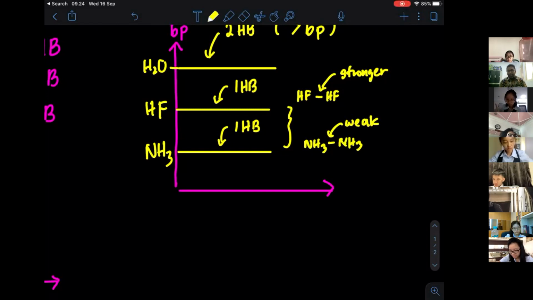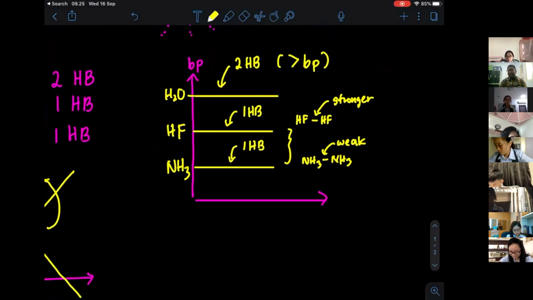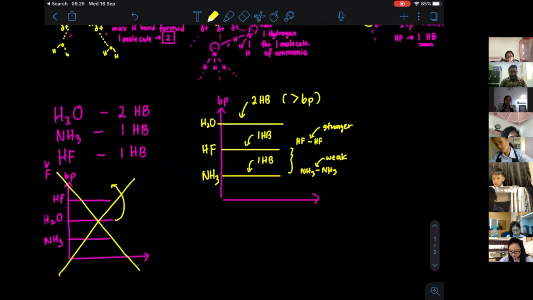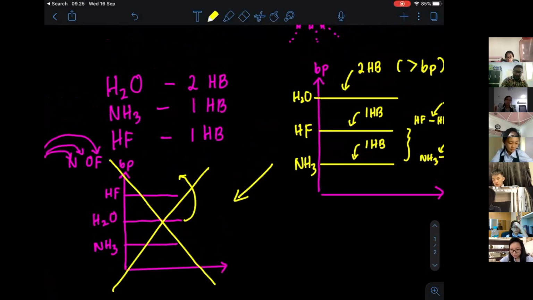Therefore, it forms a greater delta negative, which results in a higher boiling point, or stronger hydrogen bonding, compared to ammonia. So that will explain the graph that I showed you yesterday. If you want to compare why the graph doesn't follow, you explain based on the number of hydrogen bonds.